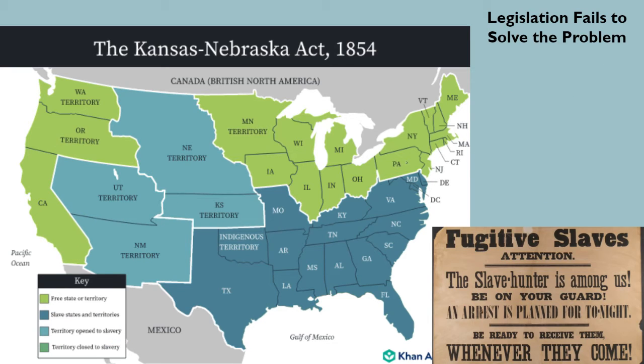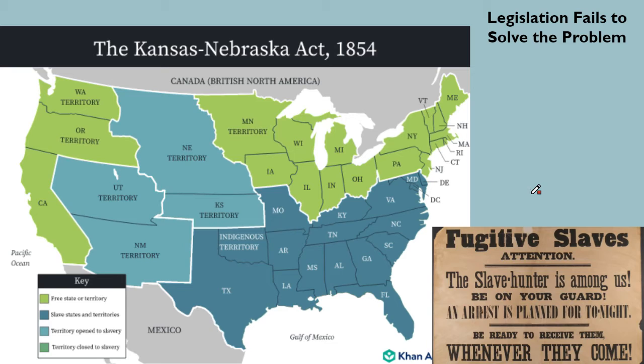Here in the bottom right, you see an example of a newspaper clipping that came into being after the Fugitive Slave Act, requesting people to find runaway slaves and return them to where they came from.